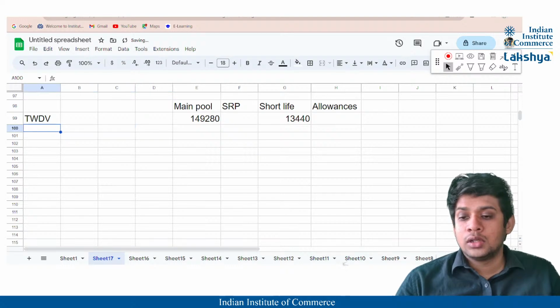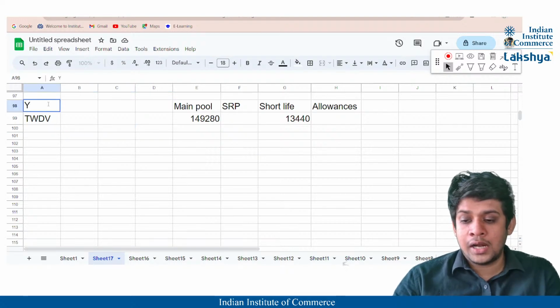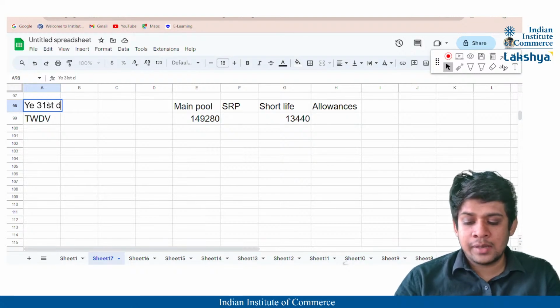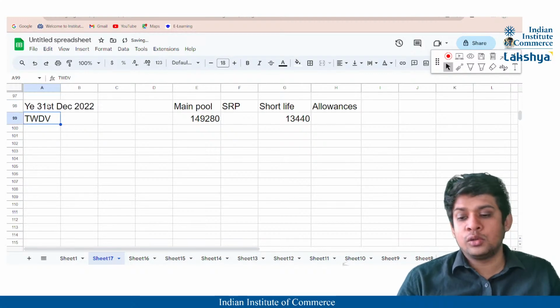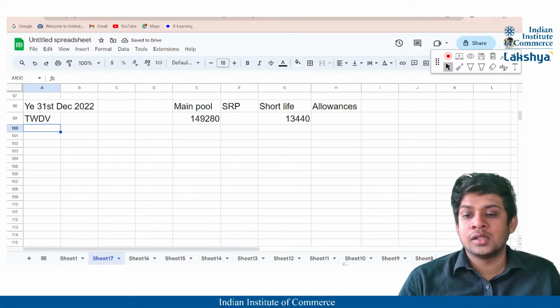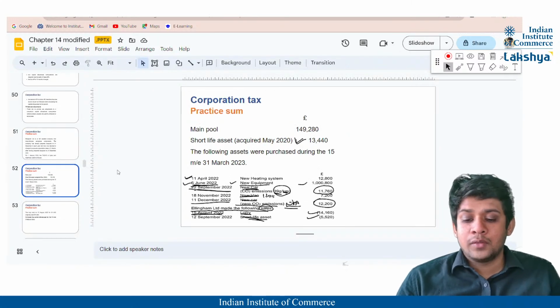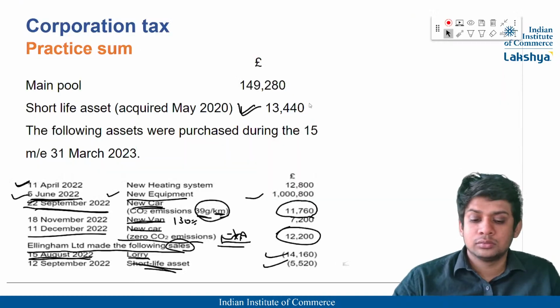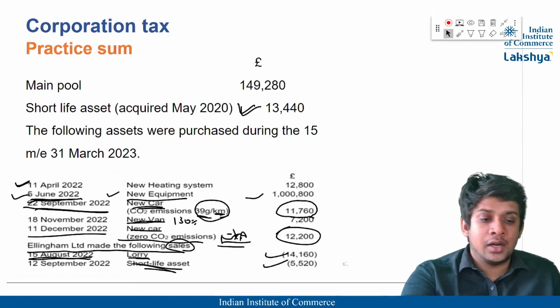Right? Now, the next part is, firstly I'll do it for the year ended 31st December 2022, correct? Because I have to distribute it in two accounting periods, right? Now, the first thing that I purchased is a new water heating system for 12,800, right?